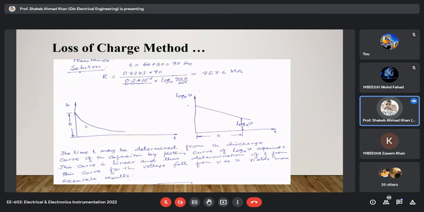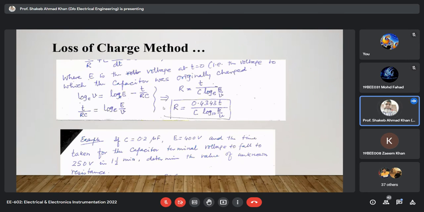Right now what we are doing is noting down the voltage which is diminishing, discharging through the unknown resistance, and time. After conducting the experiment you will have this kind of curve, and from this curve you can find any value. But generally instead of this we take this equation.